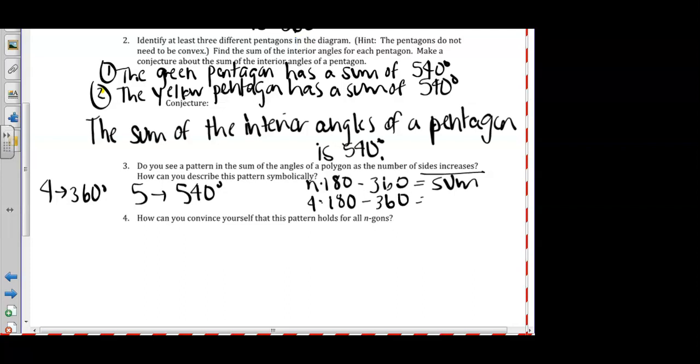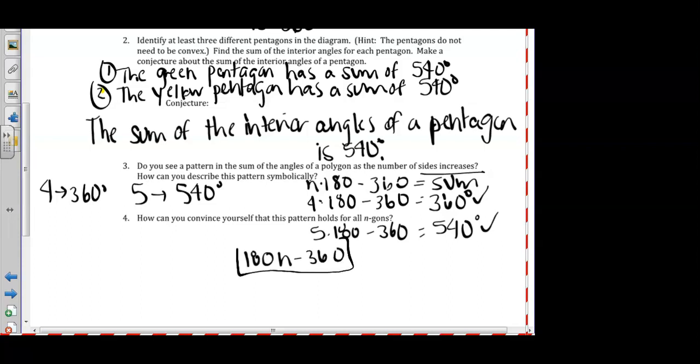So I do get 360 there, and let's check that for the pentagon. 5 times 180 minus 360, then I will get 540. So if I know the number of sides in my polygon, I can find the sum of the interior angles by doing n, or 180n, minus 360.